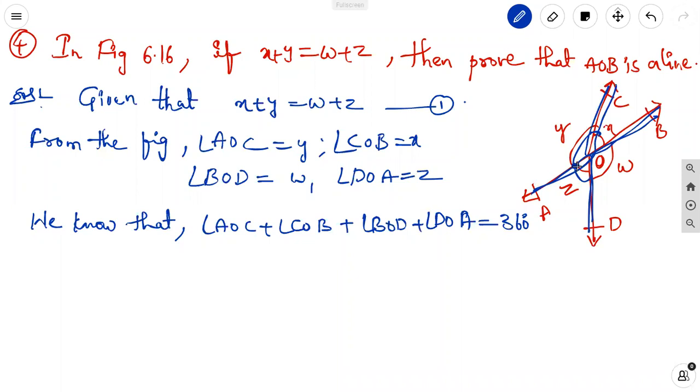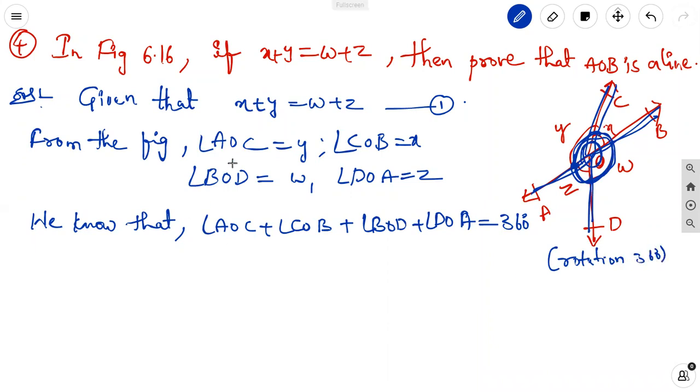Because when we start at a point and complete the circle, one rotation is completed, and again we end at that point only. So the starting point and ending point are the same, then it makes a circle. The circle means the angle is 360 degrees. Why? Because one total rotation is 360 degrees. That is the complete circle.